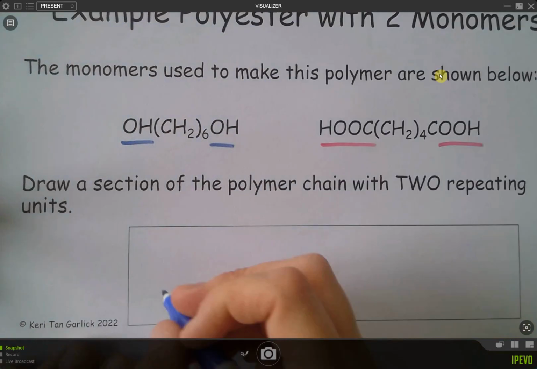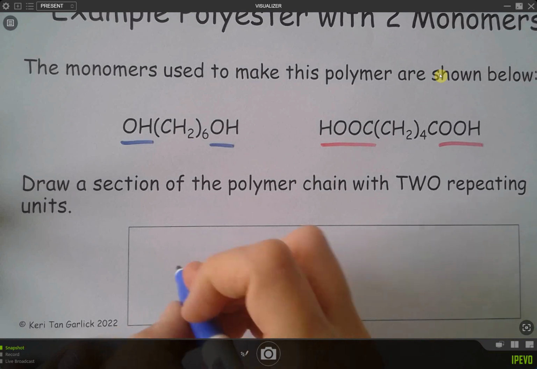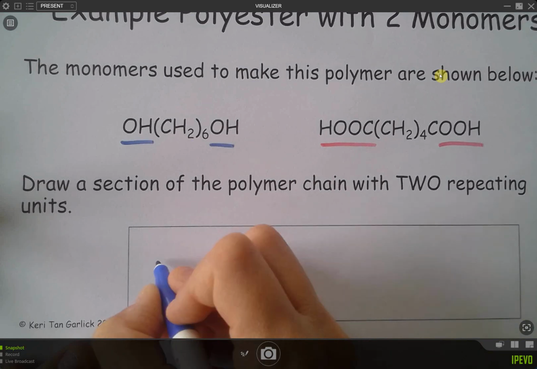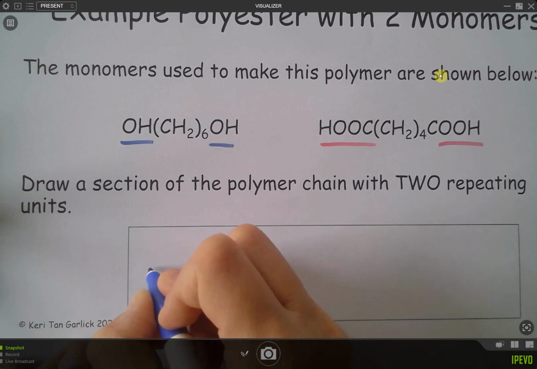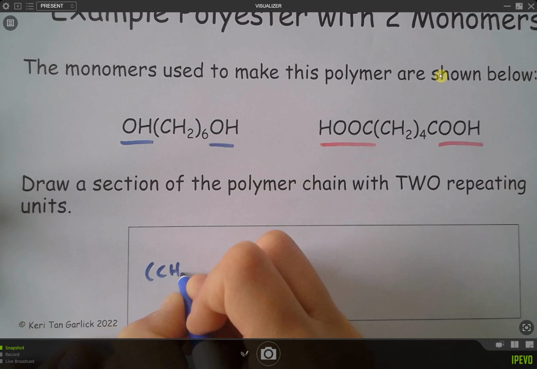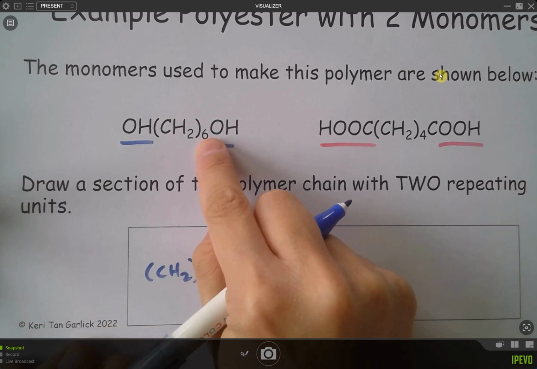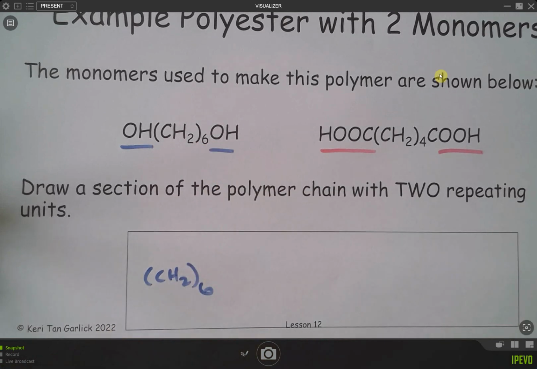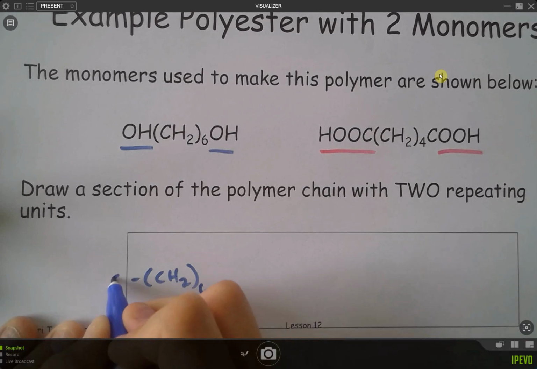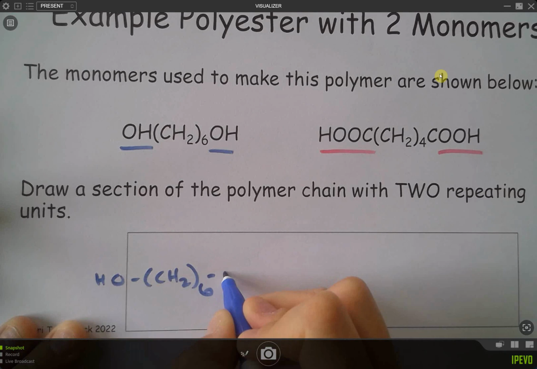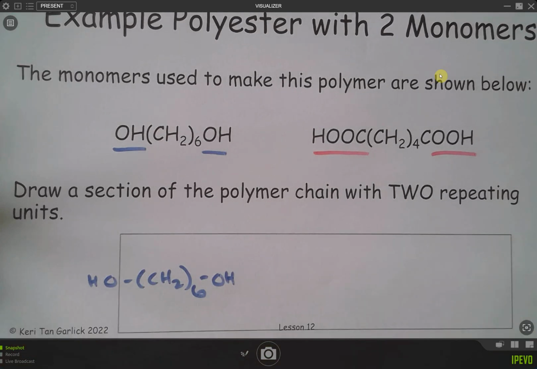So, same sort of setup that we're going to do. We will do our CH2. The bracket with the 6 is just telling us it's 6 carbons long, but to help condense it down, we can just do the brackets instead of writing 6 carbons. So on each end of it, we'd have an OH. Then we draw the next monomer.